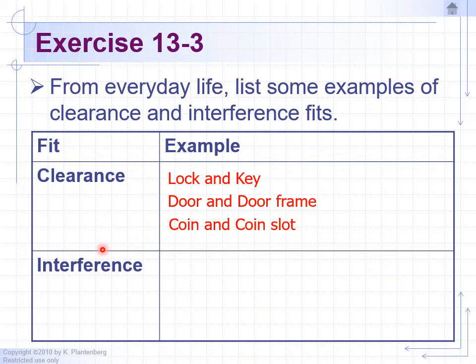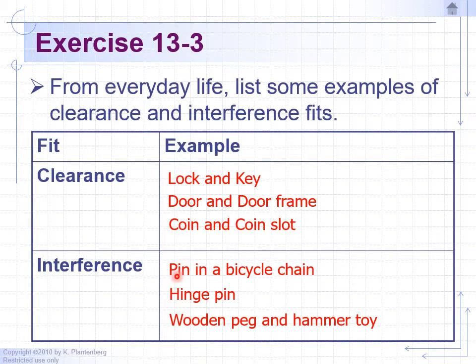Where do you see interference? A good example of interference is a bicycle chain. The pins in the bicycle chain have a slightly larger diameter than the holes that they are inserted in. Another good example is the hinges on a door. The pin is just slightly larger. You don't want the pin to slip out of the holes in the hinges.